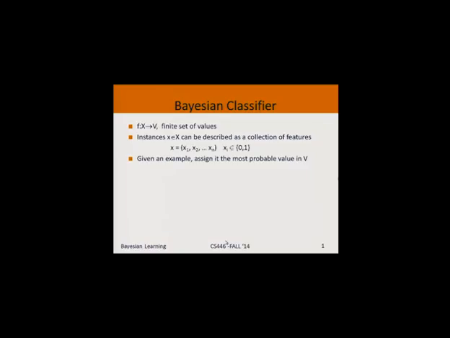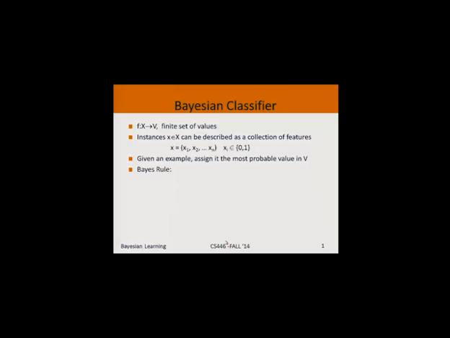Instances basically are a collection of features, just like before. Let's assume now, for the next few examples, that they are Boolean, but we will change that. And given an example, I want to find the most probable value in V. So V is my H from before.